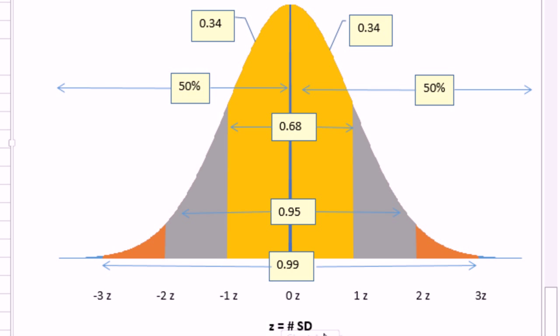So we can make statements like, if we know the gas average is $2.31 right there, we could say something like, what's the probability of getting a value from our sample that's $2.31 or higher? There would be a 50% chance that that would occur.